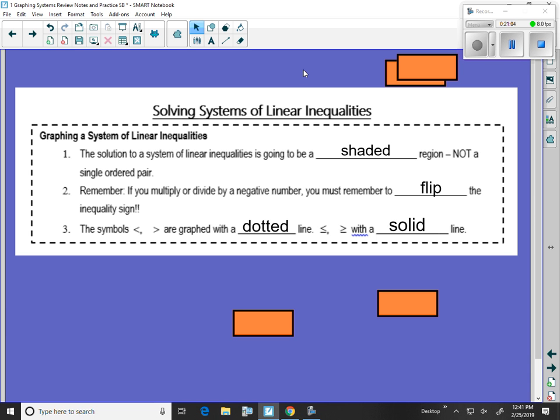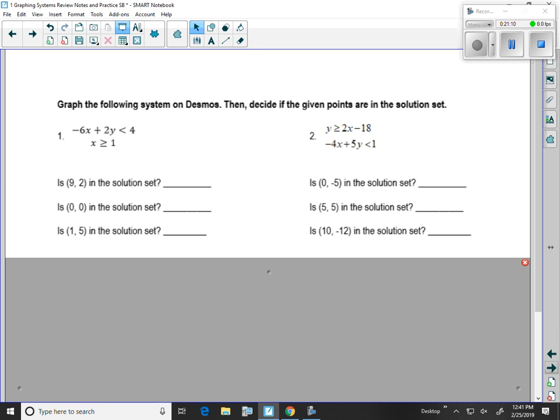Okay, fundamentally what we're doing is the same thing. Now we just have inequalities. Okay, so let's go through here what this looks like. So I'm just going to have you put these in Desmos. Okay, go ahead and just put your two inequalities into Desmos.